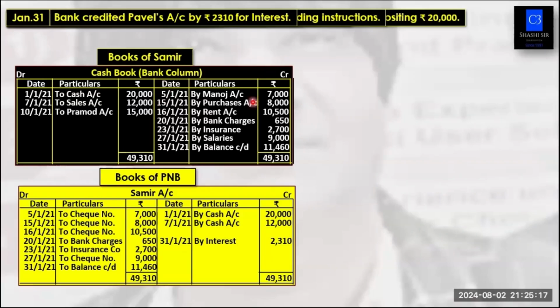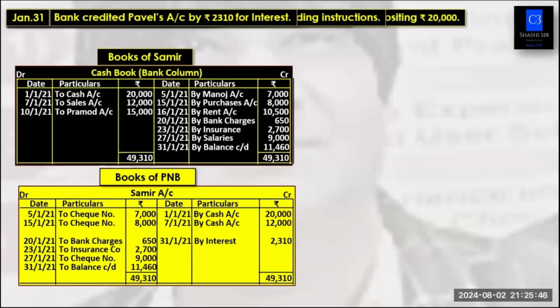The landlord to whom we have given the rent by way of a check did not go to the bank and present the check. In this case, the entry is not there since he has not gone to the bank. Bank has not given him the money. Bank is not going to debit Samir's account. So the entry is not there on the debit side of Samir's account.